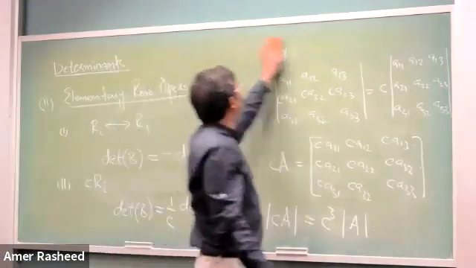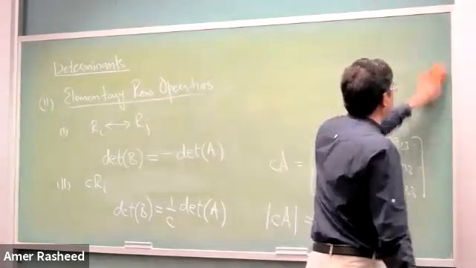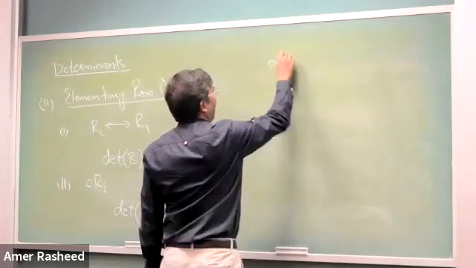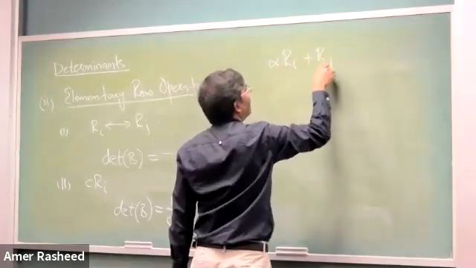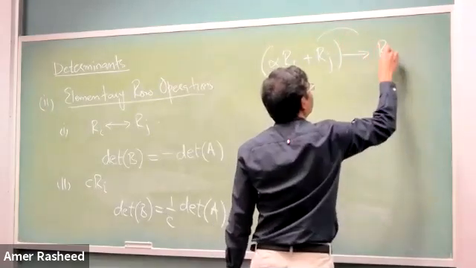Now we are going to discuss the third elementary row operation. What was the third elementary row operation in linear systems? Addition. क्या था? Adding a multiple of a row to another row. You can multiply any row with any constant and add it to some other row, and that row will be changed, Rj.